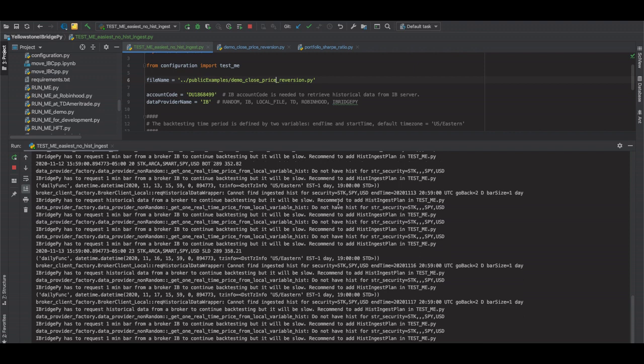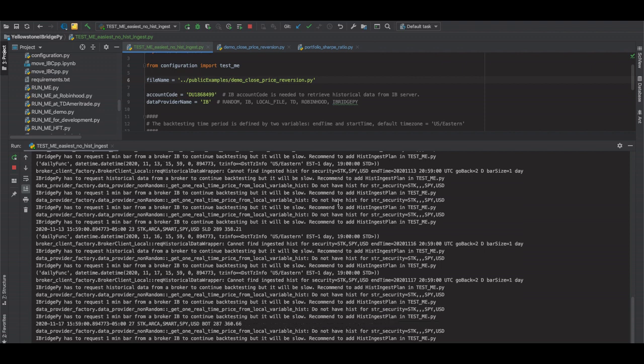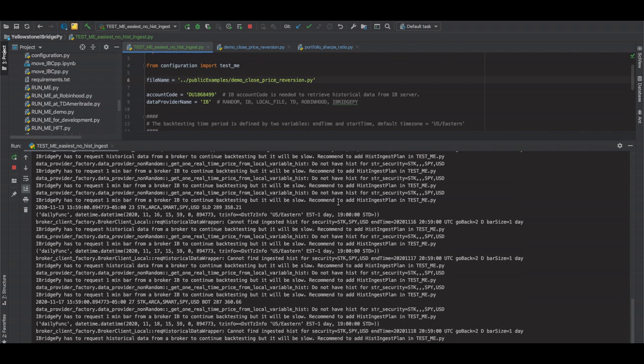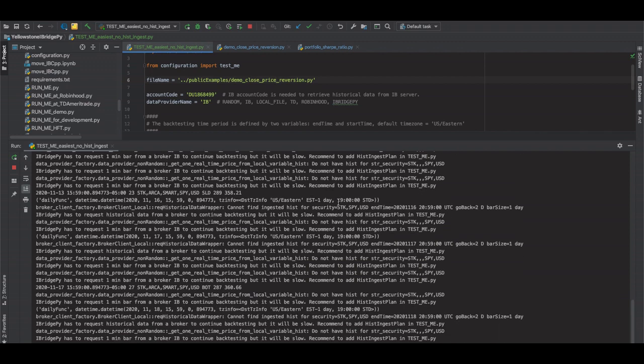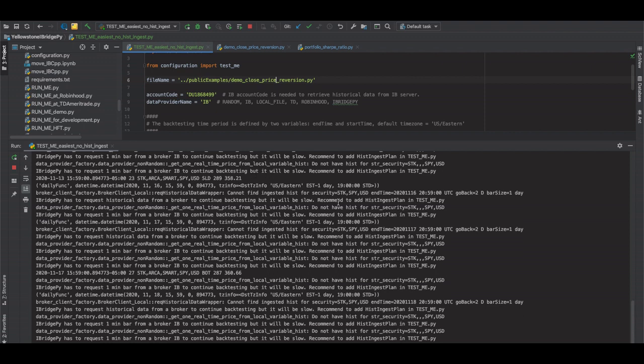However, it's a little bit complicated for users, so in this easiest no hist ingestion demo, I did not put any hist ingestion plan.